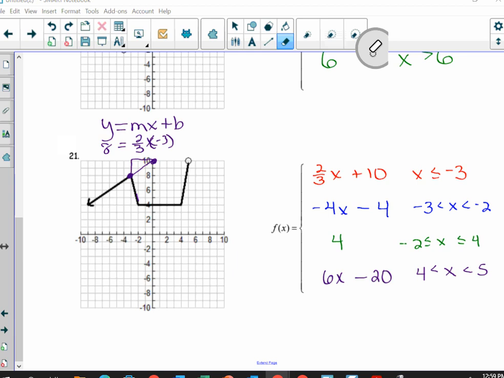You have to do that for the -3, the -2, and the 4. So which piece does -4 actually fit? Okay. So what do you need done?